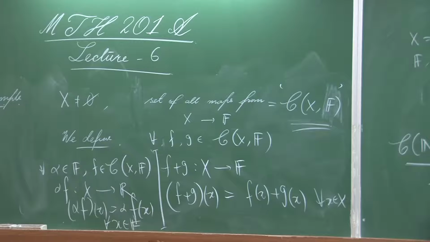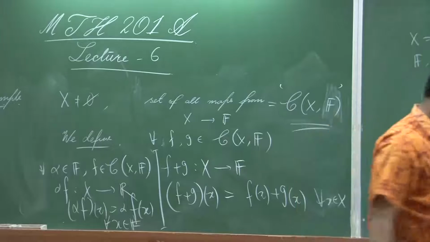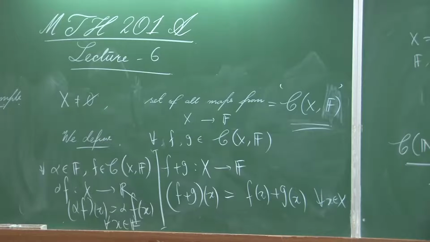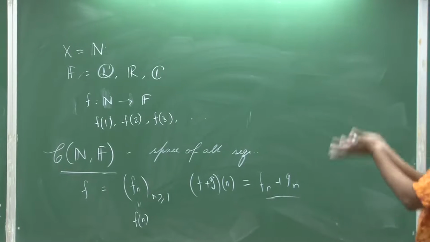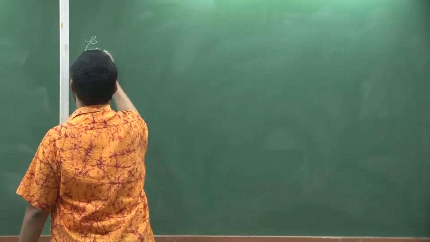Those examples are quite interesting and you will encounter them quite often later on, maybe in other courses, or more accurately speaking, maybe in other branches of mathematics. So what are such examples of vector spaces which originate from the space of functions? One such important example is the following.